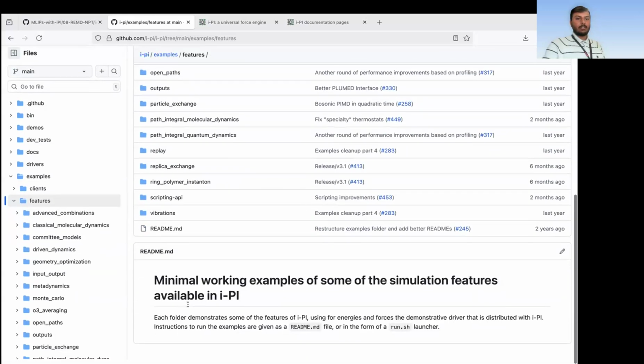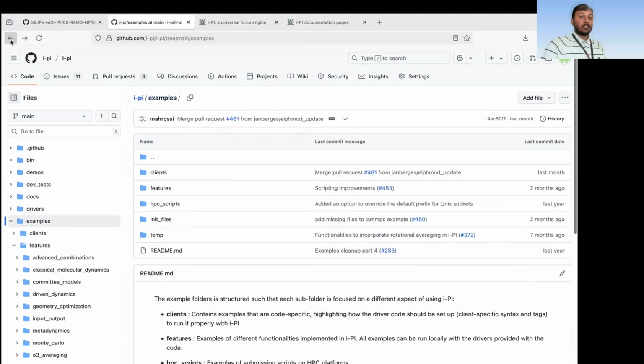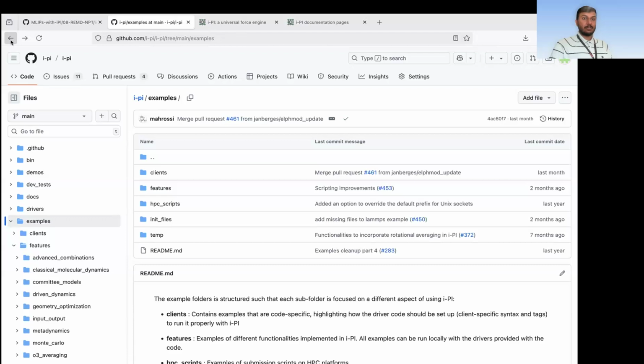So there's really a lot of documentation and examples available, which allows you to perform advanced setups, and there are HPC scripts as well. If you want to do it on a single node, multiple nodes, if you use Slurm, Torque, or PBS, you can just write to me, and I can share something with you.